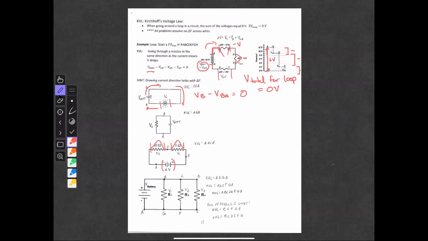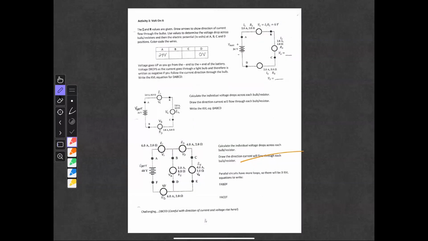Part of your homework today, let me go to the next page, is to calculate the voltage drop at each resistor. This is not truly part of Kirchhoff's law, but basically if you know the current and the resistance for that resistor, you can use Ohm's law at each resistor.